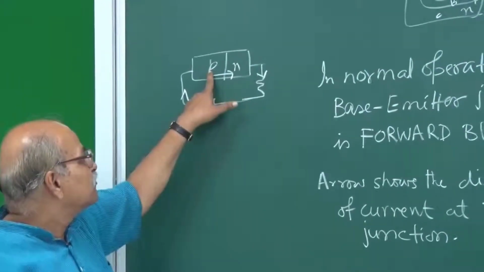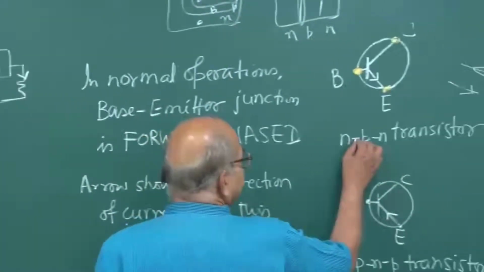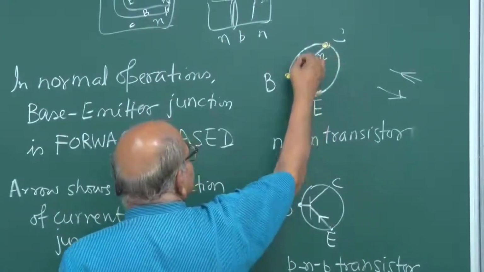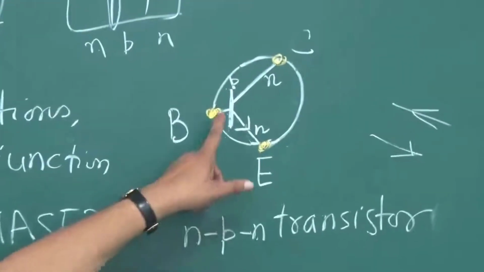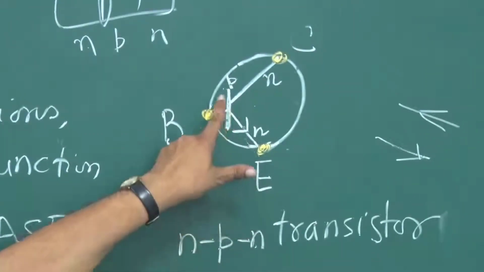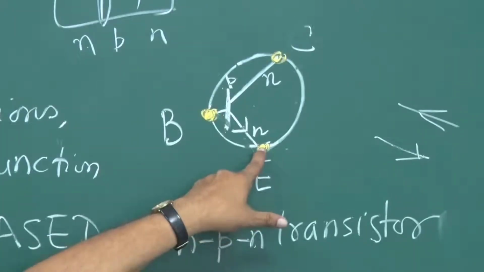That means it should be from P side to N side. So if this is an NPN transistor, then this is N, this base is P, and this emitter is N. At this base emitter junction, the current should flow from P to N, that means from here to here, and therefore the arrow is like this.